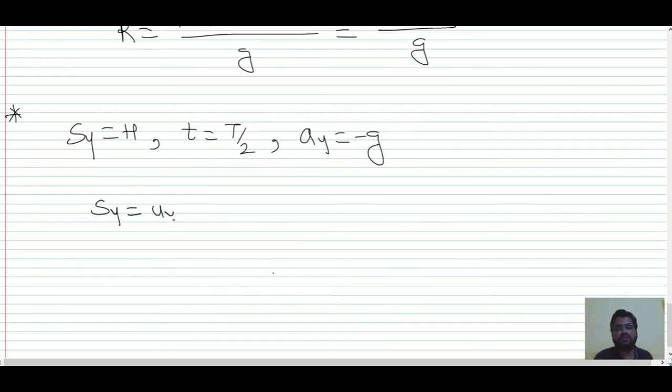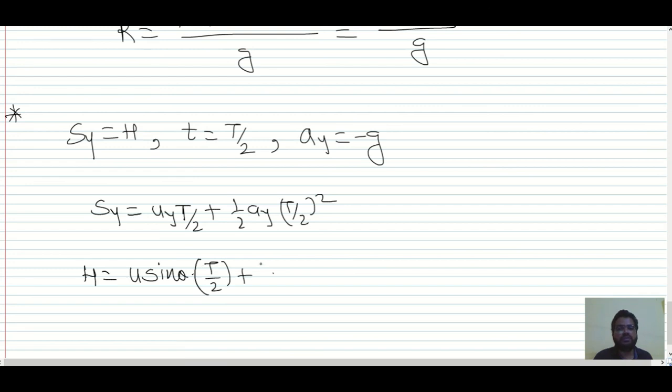So Sy is equal to uy into T by 2 plus 1 by 2 ay into T by 2 whole squared. So Sy, which is h, is equal to uy, which is u sin theta, into T by 2 plus 1 by 2 ay, which is minus g. So it will be T squared by 4.